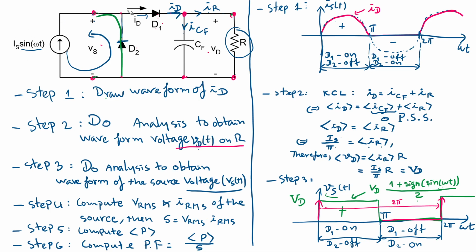When the current is positive, of course the diode can turn on and this one turns off, because current cannot flow in the opposite direction. The current then goes through two branches, one through the storage element, the capacitor, and the other through the load R. And when the current is negative, flowing this way, it cannot go this way, because this one is blocked. This one is already blocked, so it can only go this way when current I is negative.